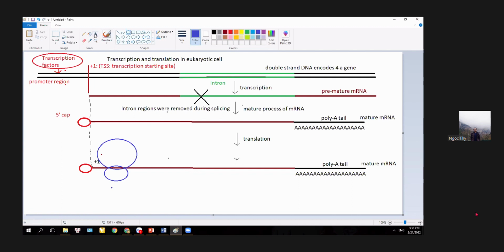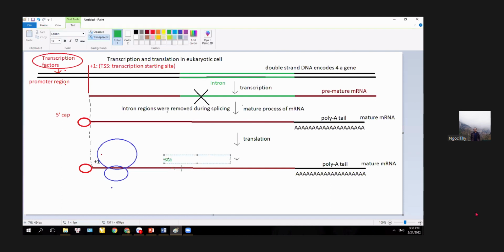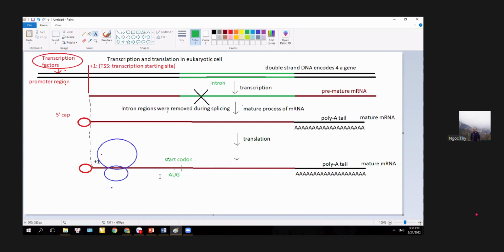It will slide until it reaches the start codon. For example, this is the start codon. The start codon is AUG, which encodes methionine.